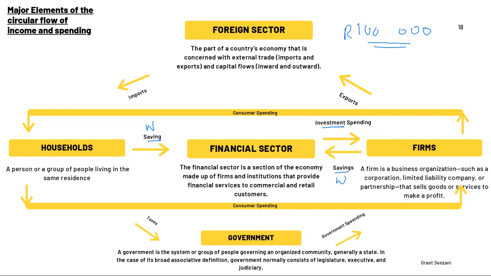But if I decide that I'm not going to spend this full 100,000 rand, and instead I'm going to save, then I only spend, and you're supposed to at least save 10%, but say that I'm a good guy, so I save 20% of my salary. I'll then obviously only spend 80,000 rand. So there's been 20,000 that has been removed from the system as savings, and I'm only using 80,000 now. I hope that makes sense. That's why it's called a withdrawal.